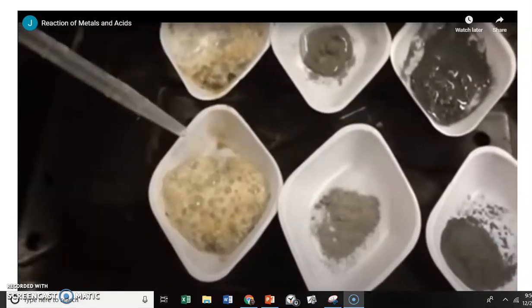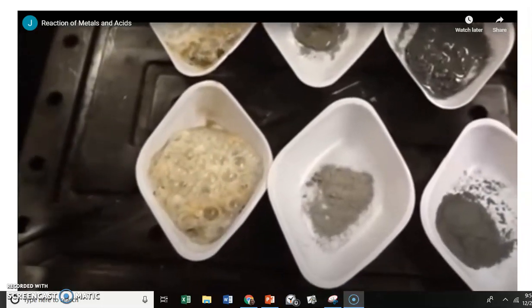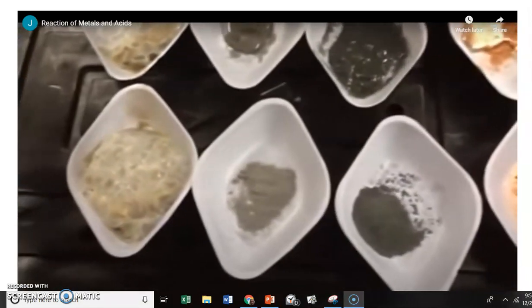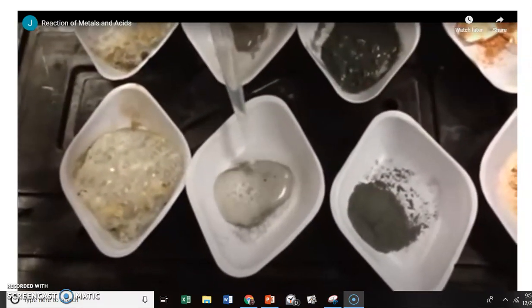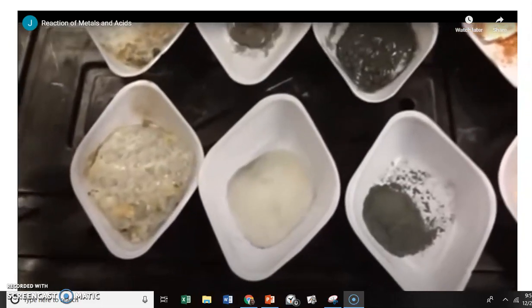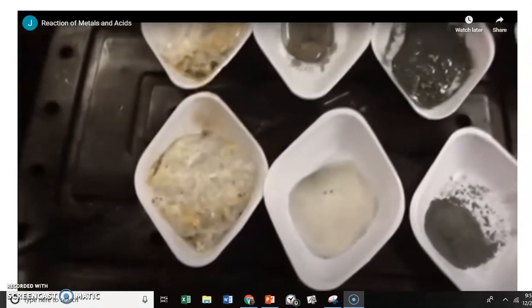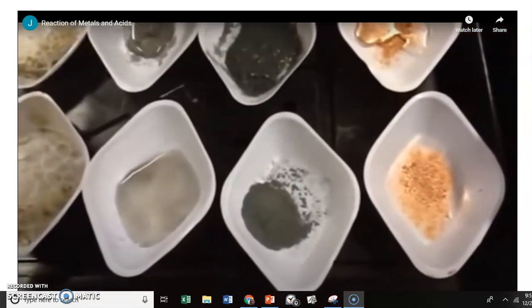Now you can see a lot of hydrogen gas given off straight away. That's calcium, then our magnesium. And this reacts a lot more vigorously than with the water, but still not as vigorous as the calcium was. So the calcium, magnesium, now the zinc.